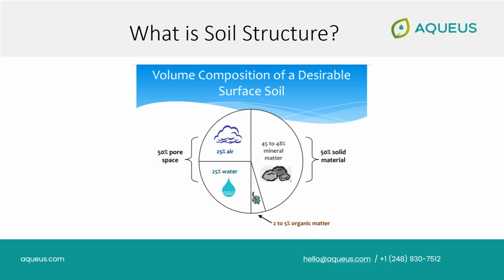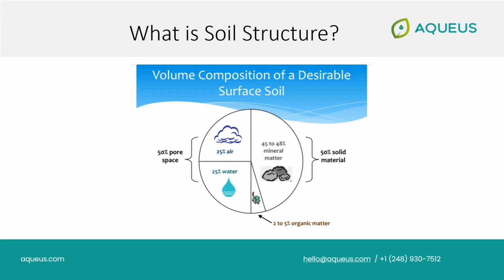So again, what is soil structure? If we just look at the volume composition of a desirable surface soil, and you guys have probably seen these before, this is very, very general. We have 50% void space and 50% solid material, and the ideal soil is arranged so that half of your pores are air filled. This is after drainage, so this is at field capacity.